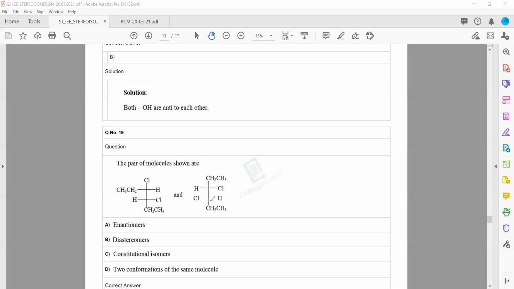Same. They are the same. Because when there is a symmetry in the molecule, the RS and SR will not have any difference, because when you rotate the molecule by 180 degrees, you are going to get the same compound. What was the shortcut? If two chiral carbons are there and you get the configuration as SR and RS, still they will be identical. In this case it is a diastereomer.